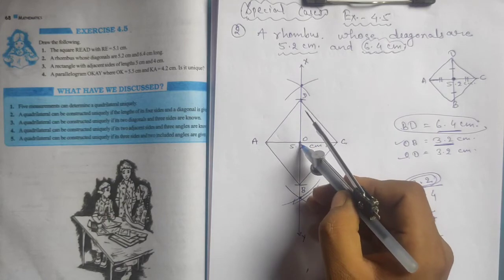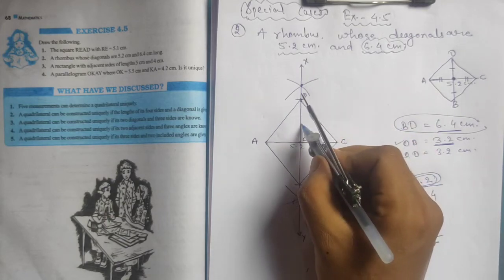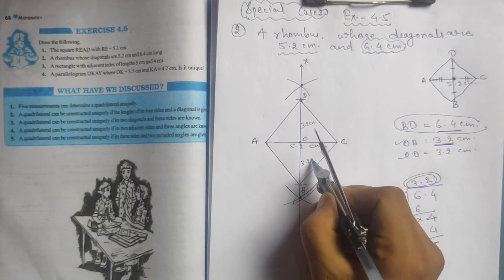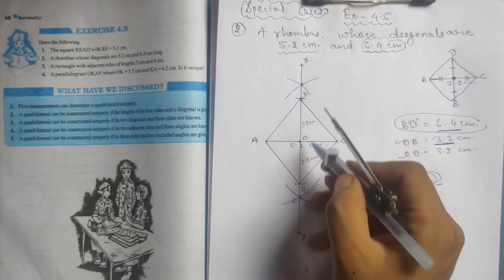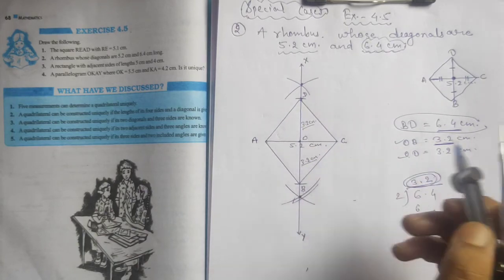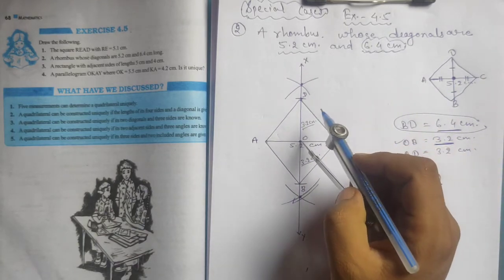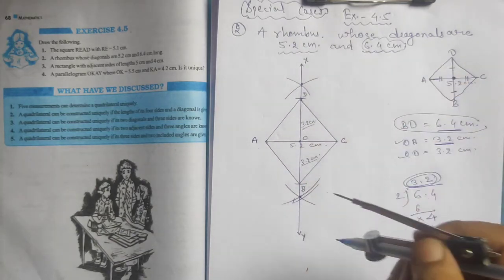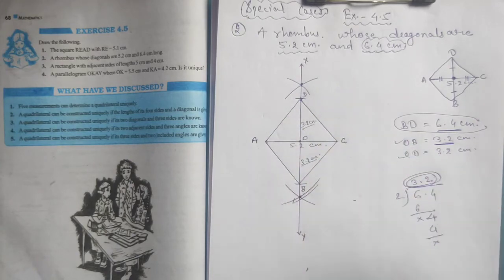So from point O, cut an arc of 3.2 centimeter, because there is 3.2 centimeter on one side and also 3.2 centimeter on the other. So the total is 6.4 centimeter, but half of it is 3.2 and 3.2. So make an arc from point O upside and downside on line XY to get the points D and B respectively.